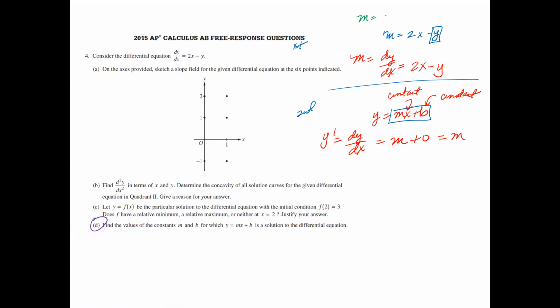So I have m is equal to 2x minus (mx plus b), which is the same thing as 2x minus mx minus b. And now what I can do is factor out x between the 2x and the mx, which will leave me with x times (2 minus m) minus b.